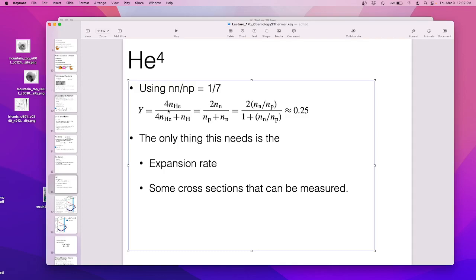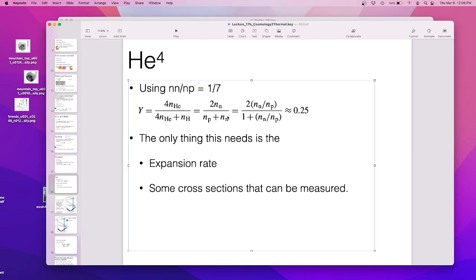So if I want to see what the mass fraction is of helium to everything, does that make sense? I just want to know how much helium to hydrogen there is, or helium to the total. That's just going to be 4 times the number of helium over 4 times the number of helium plus the number density of hydrogen. I'm just counting protons, right?